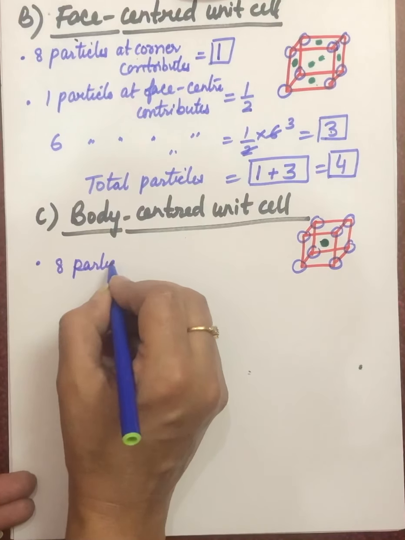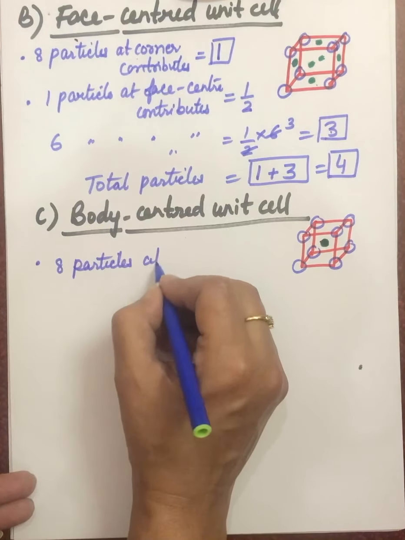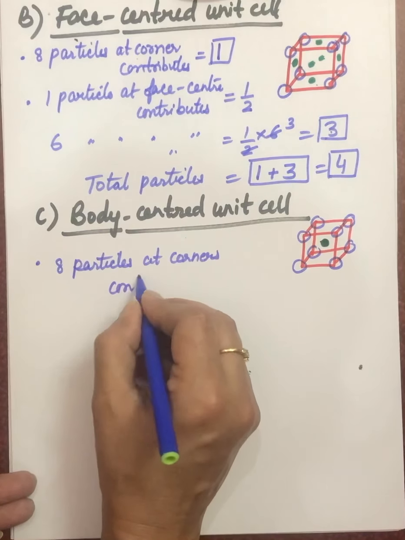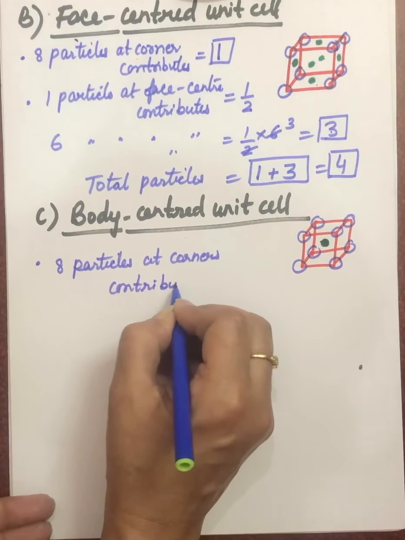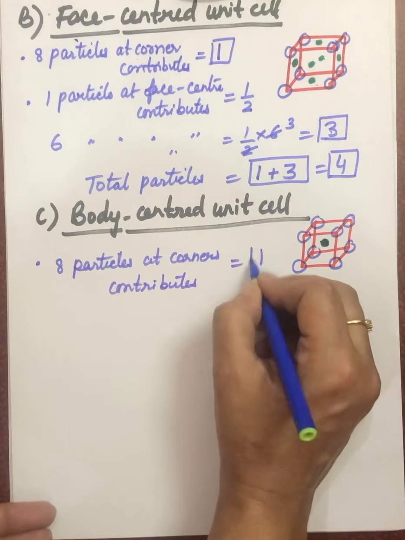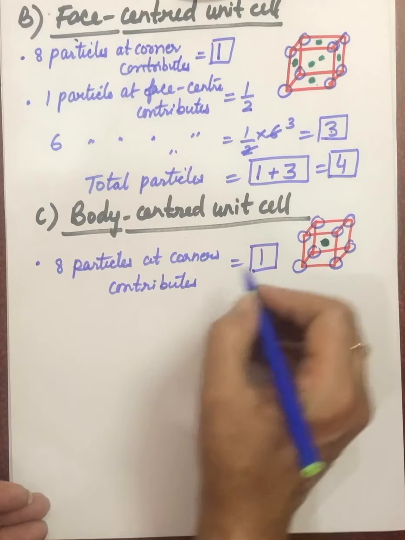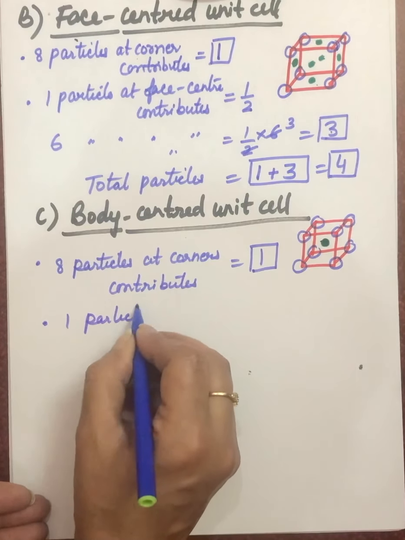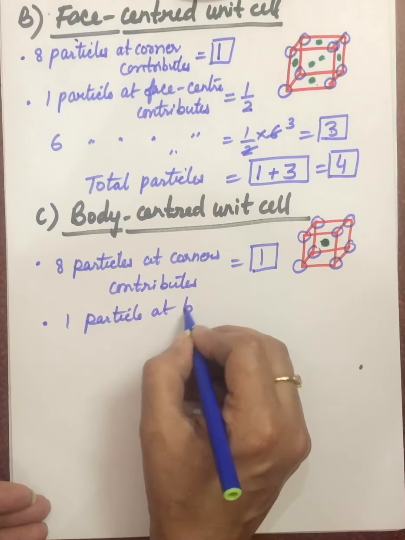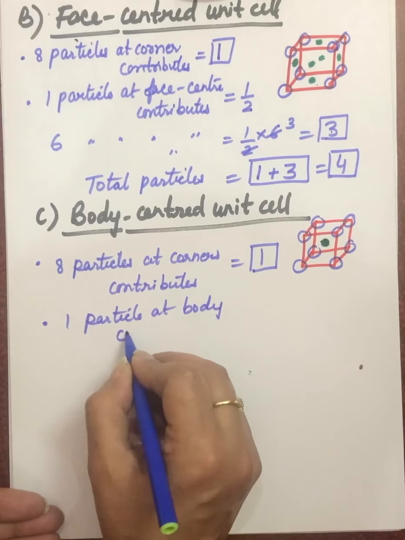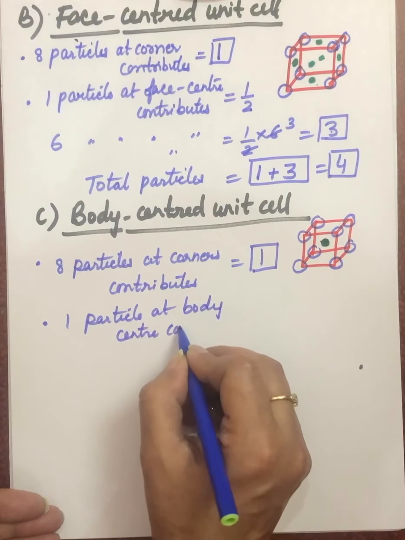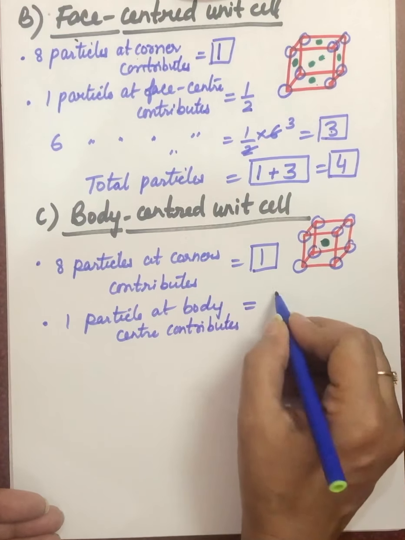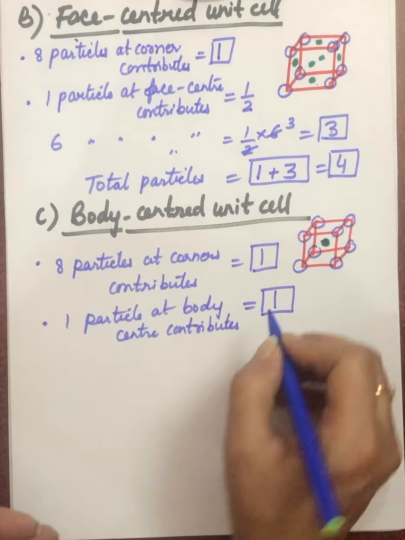There are 8 particles at corners. How much are they contributing to one unit cell? They contribute 1 to 1 unit cell. Now come to the one particle at the body center. How much does it contribute? There's only one particle at the body center. It contributes completely to that unit cell.